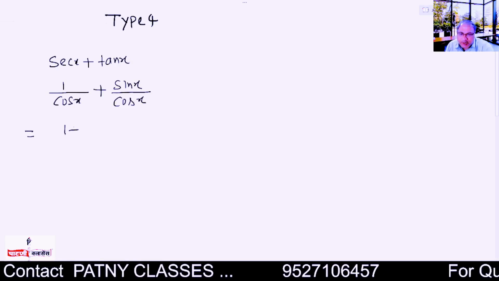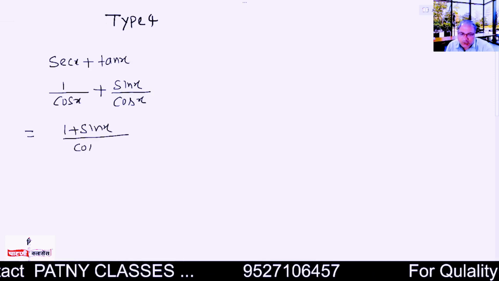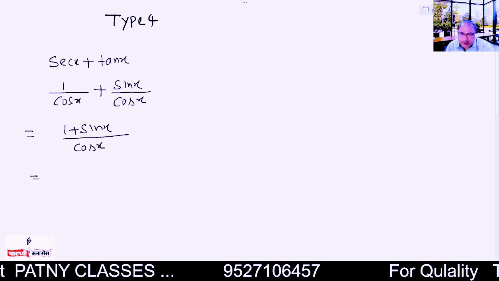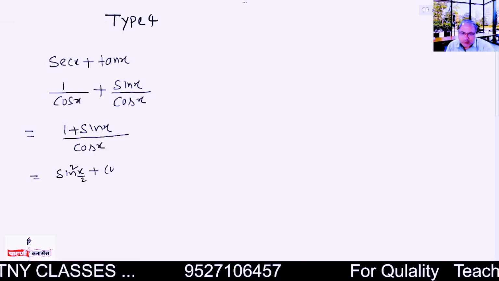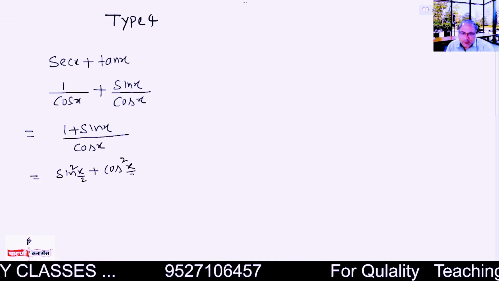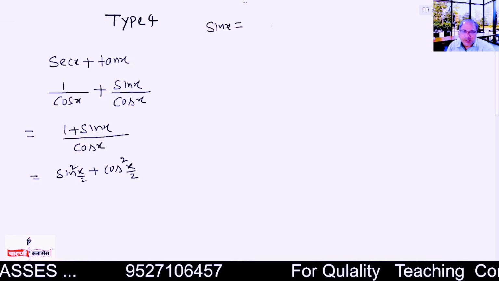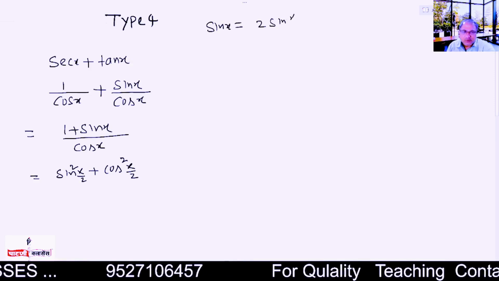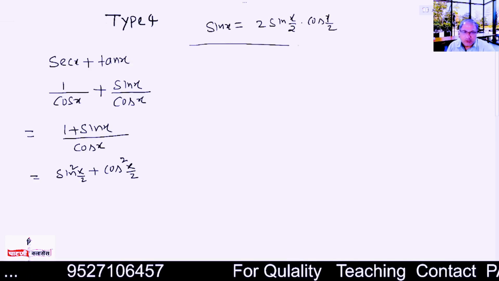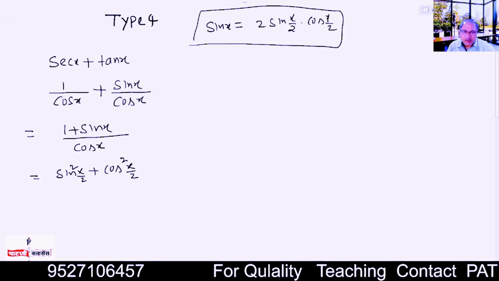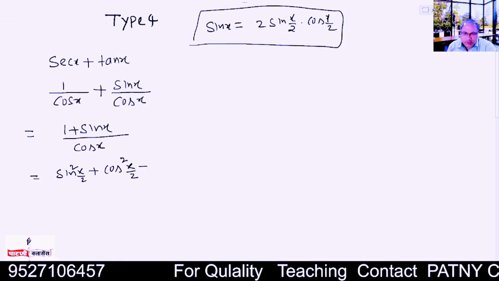Here it can be written as 1 plus sin x upon cos x. 1 can be written as sin square x by 2 plus cos square x by 2, and the formula for sin x is nothing but 2 sin x by 2 dot cos x by 2. This is a trigonometrical formula, sin x equals 2 sin x by 2 dot cos x by 2. I am using that formula here.